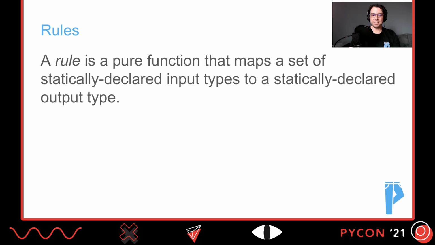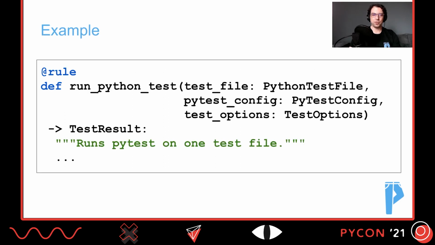And how do we statically declare types in Python? We use type annotations. And so here's an example of a task definition in the Pants Task API. You can see that this is a fairly normal looking Python function. The @rule annotation has to do with registration, and we can just ignore it for now.